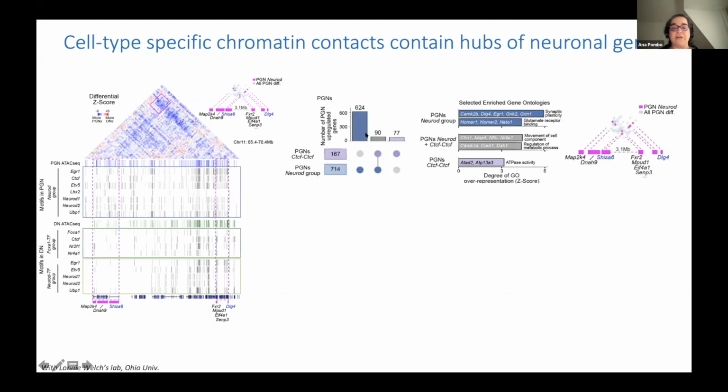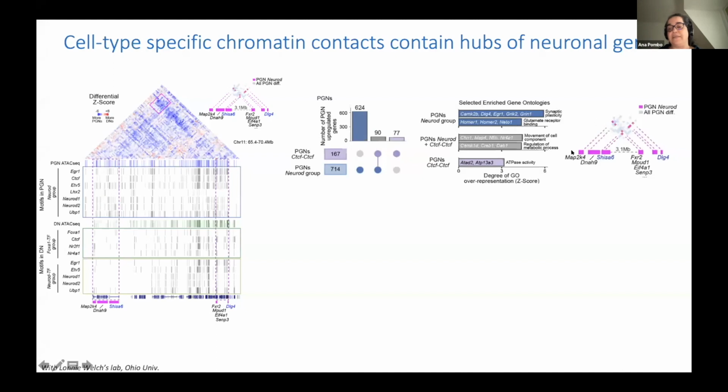But perhaps even more interestingly, within those contacts that are enriched for those specific differentially expressed TFs, we also find a number of upregulated genes. Essentially, half of all upregulated genes in the PGNs are found in these differential contacts. When we look at the gene ontology, again, we find very important terms such as synaptic plasticity, glutamate receptor, which are core to the function of these cells.